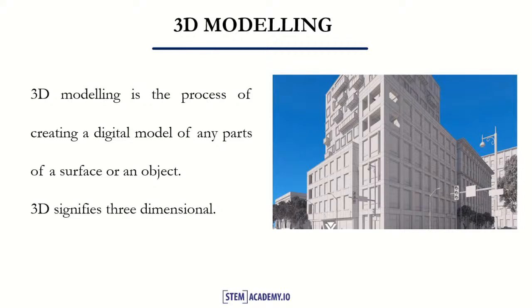Engineers and architects use it to plan and design their work. Animators and game designers depend on 3D modeling to bring their ideas to life. And also movies. Movies use 3D modeling for special effects, to cut cost, and to speed up production.